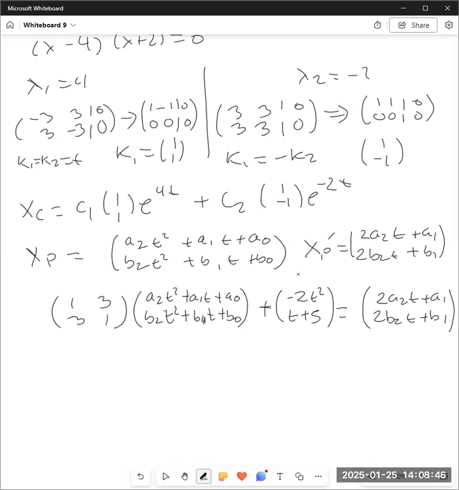So I end up with a2 plus 3b2 t squared plus a1 plus 3b1 t plus a0 plus 3b0, and then I have minus 2t squared.